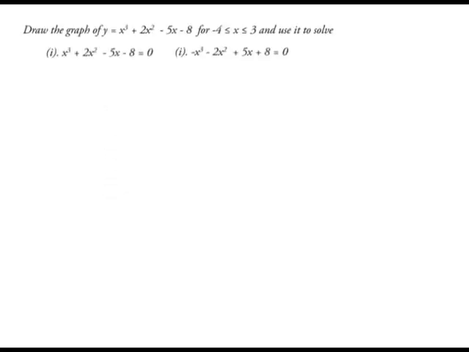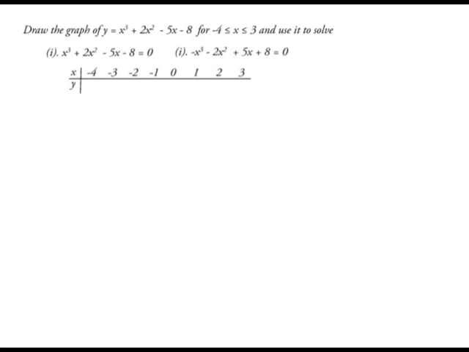For example, draw the graph of y = x³ + 2x² - 5x - 8 for the range of x from -4 to positive 3 and use the graph to solve these two equations. As usual, we get a table of values for x and y. We've been given x from -4 to positive 3.